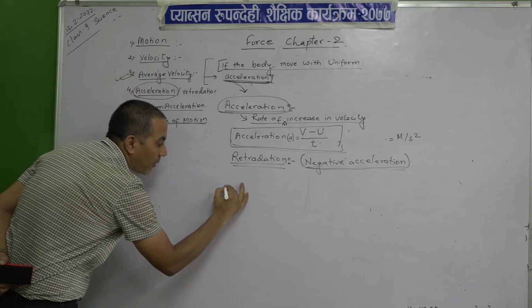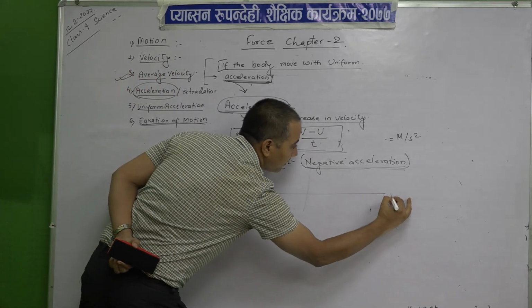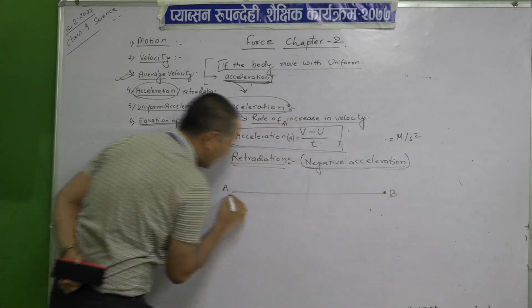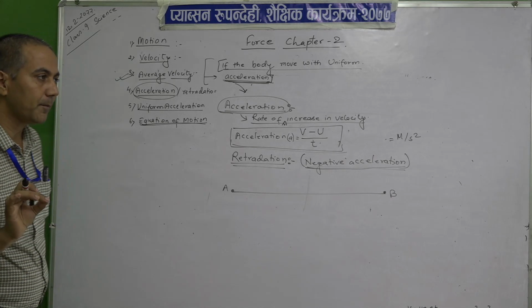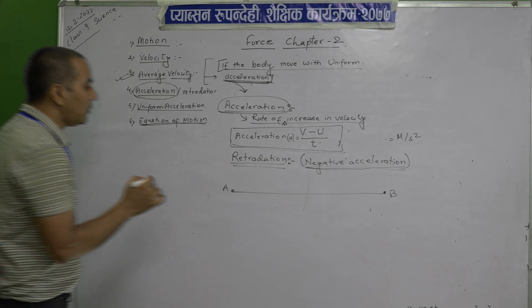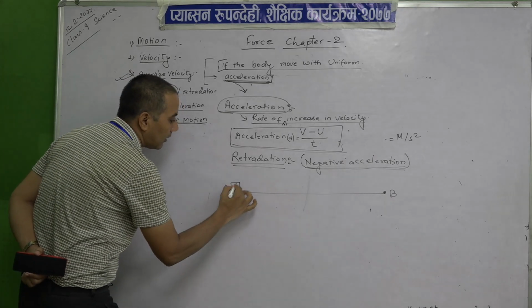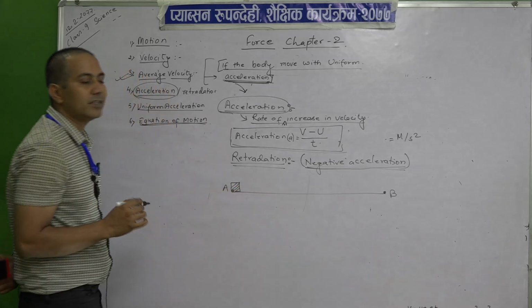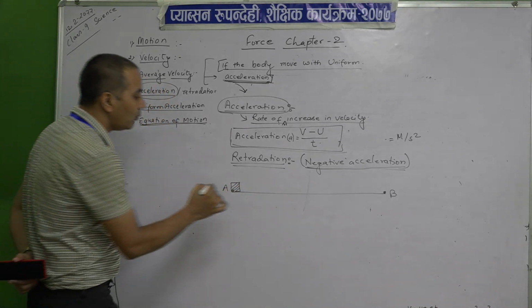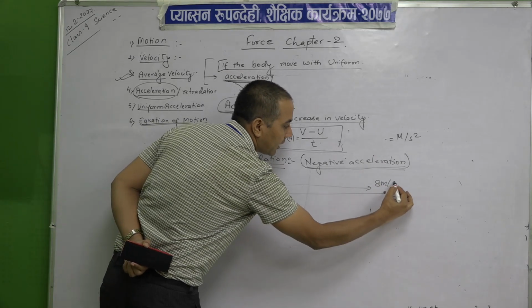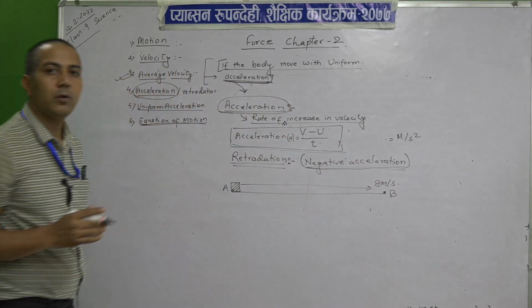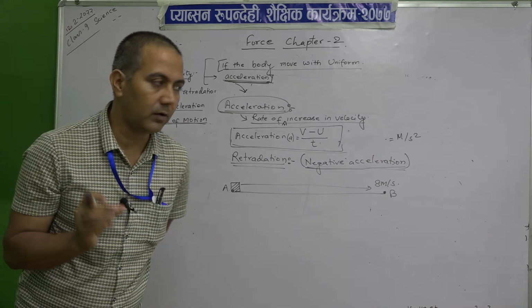For example, suppose a bus is moving from point A to point B. At point A it was at rest and it moved and reached a velocity of 8 meter per second, suppose.